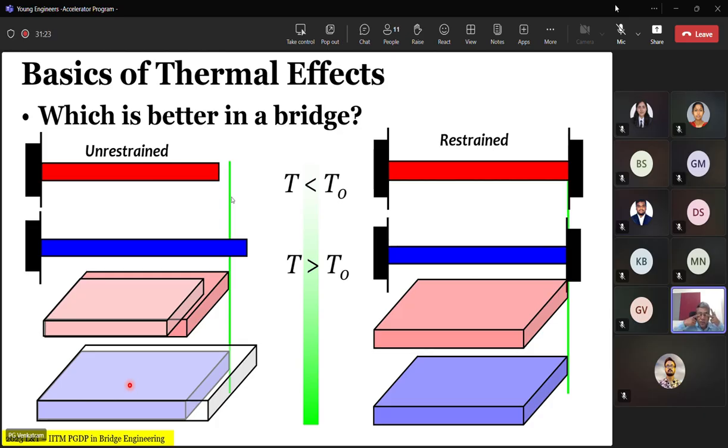Others still want to decide that they will always have an unrestrained bridge deck. So can somebody tell me when a restrained one is preferable?